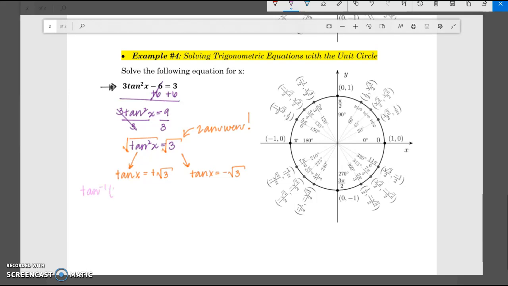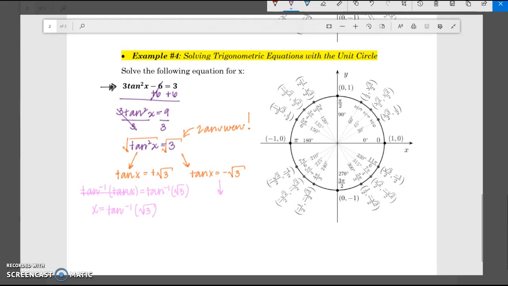So we can say inverse tangent of the tangent of x is equal to the inverse tangent of the square root of 3. So the tangents will cancel, and we'll have x being equal to the inverse tangent of the square root of 3. So that's one of our operations.